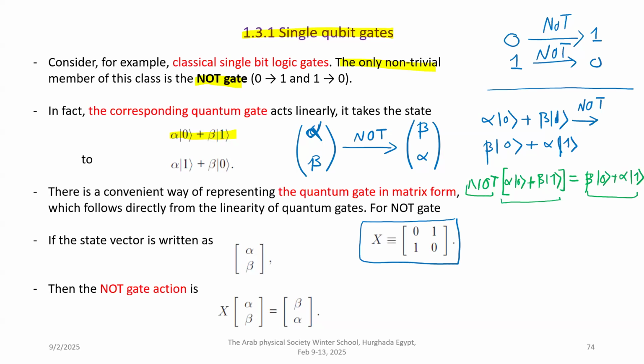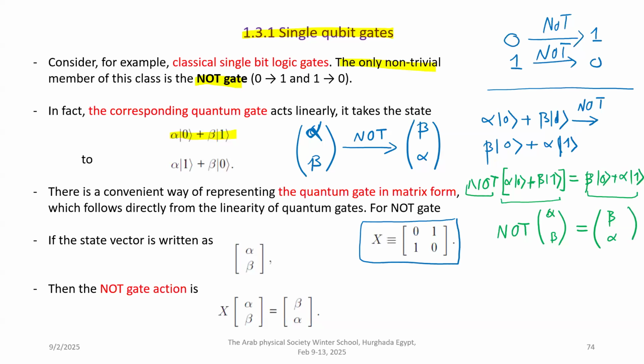Now, you can write that in terms of the columns, as I mentioned. So here, I'm going to write this as alpha, beta. Here, I'm applying the NOT to alpha, beta, and what you are going to get is beta, alpha.